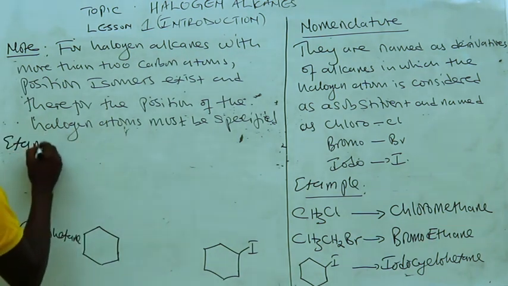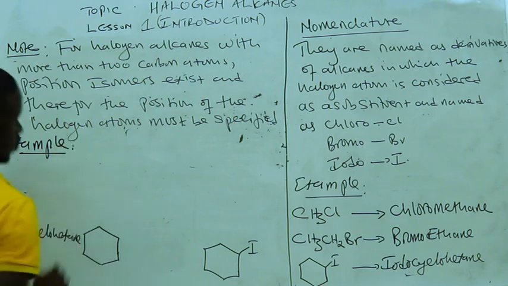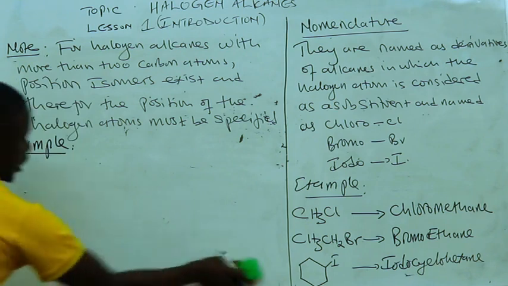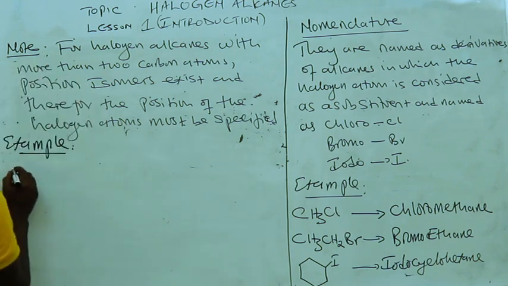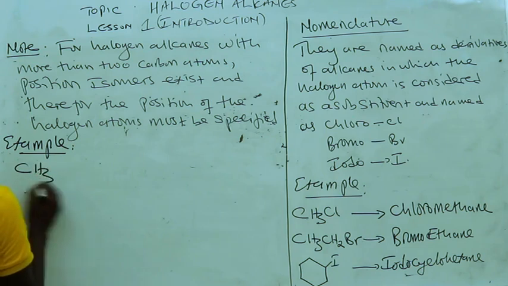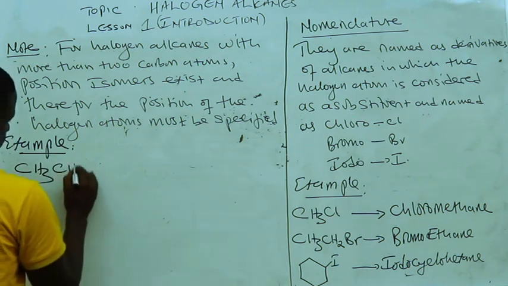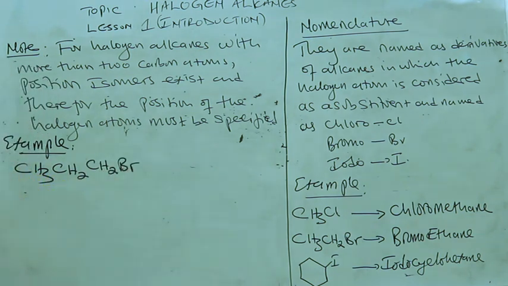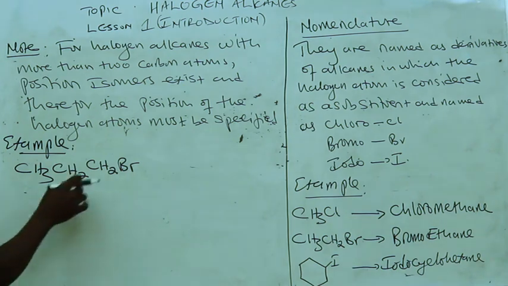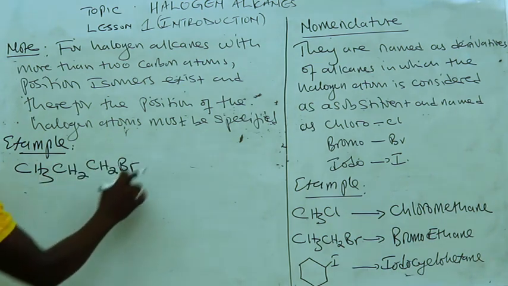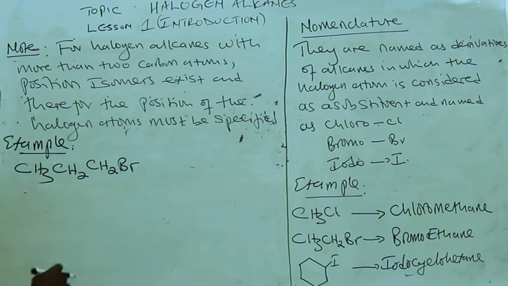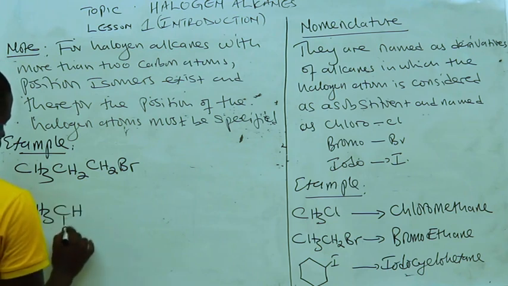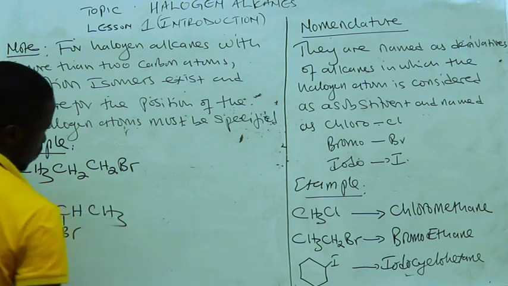For example, if I have the structural formula CH3CH2CH2Br, it is possible that on the same carbon chain, the bromine atom could take another position, so CH3CHBrCH3.